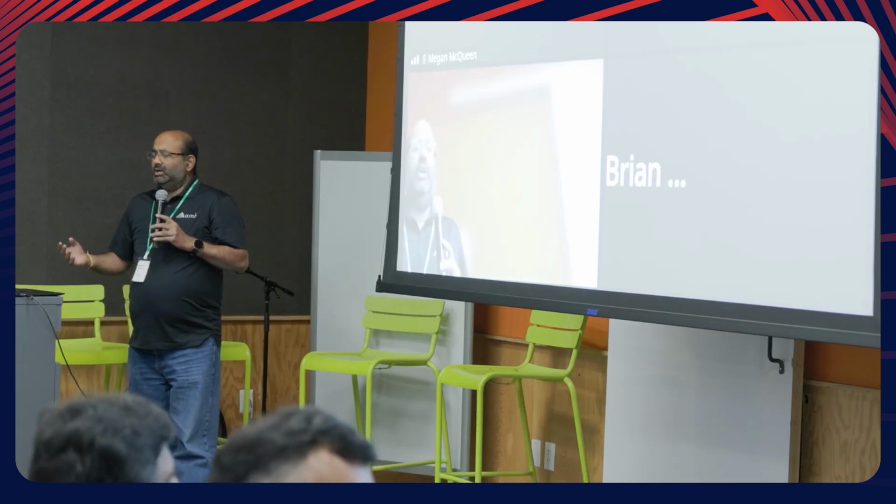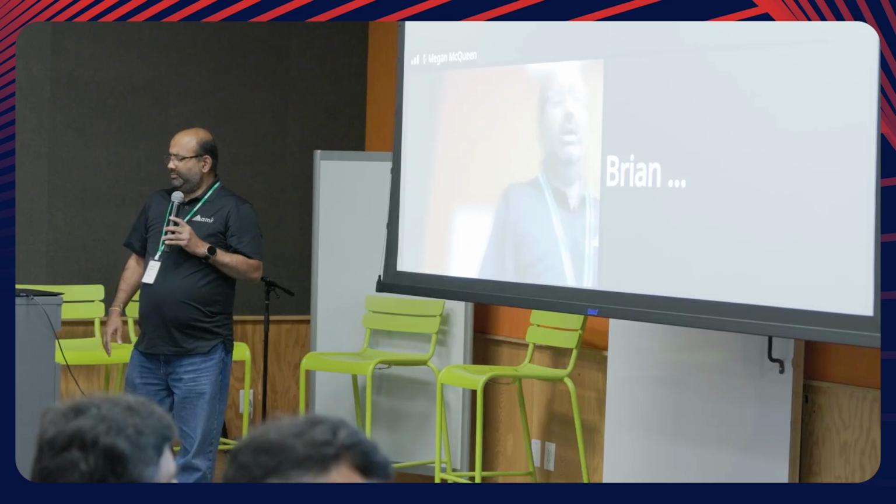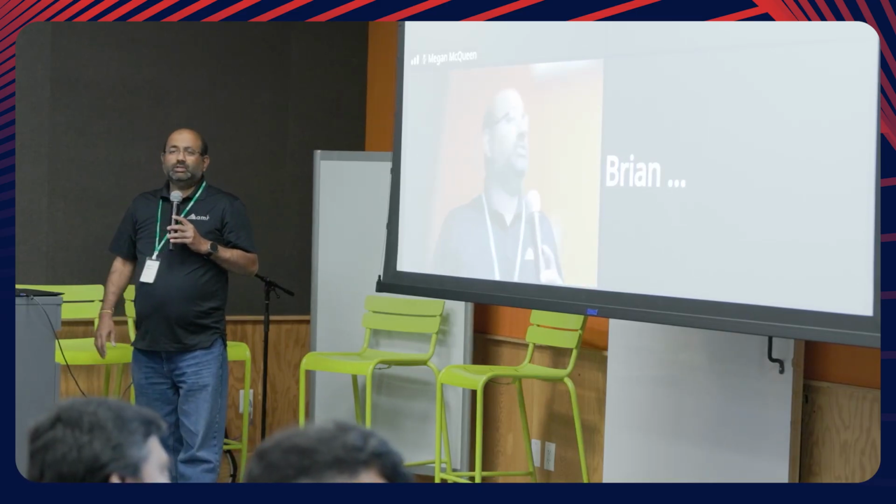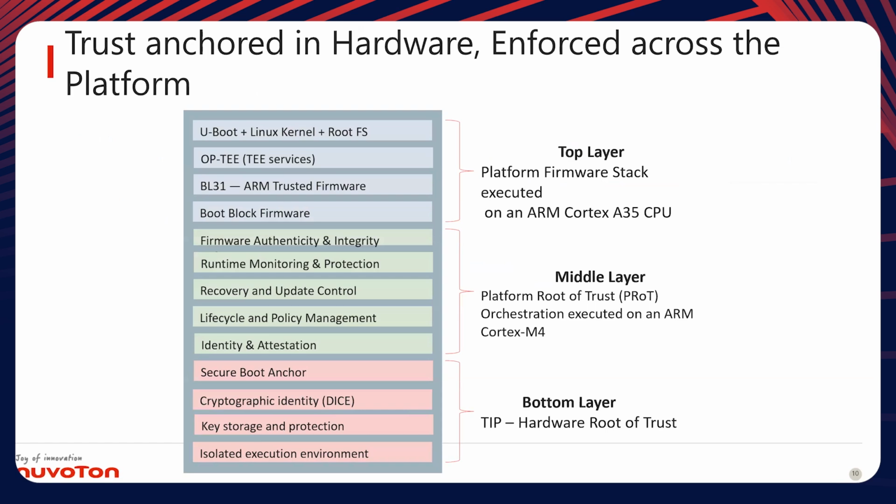As part of the Arbel BMC SoC, you have three different layers. The bottom layer is the hardware. It provides the device identity, the cryptographic engine, the key storage, all the necessities required to implement an orchestration firmware.